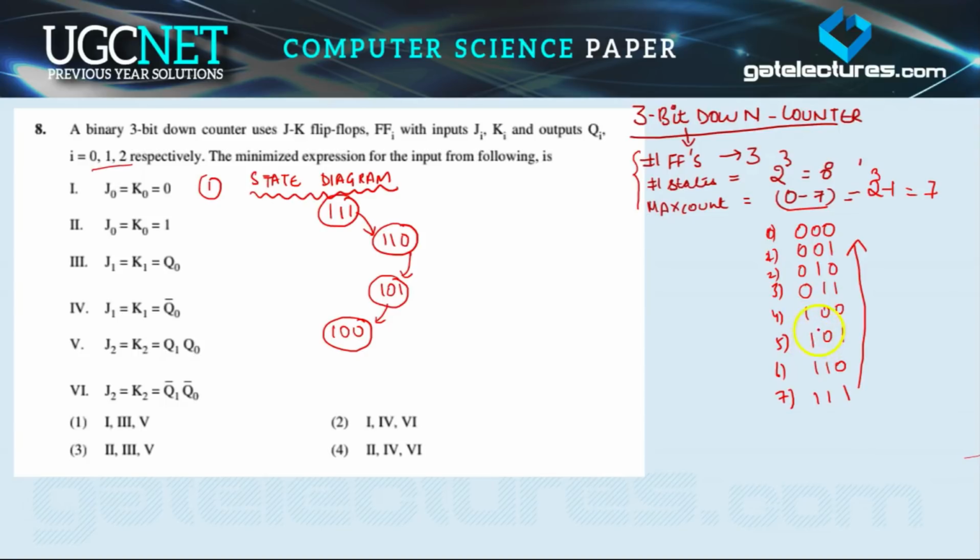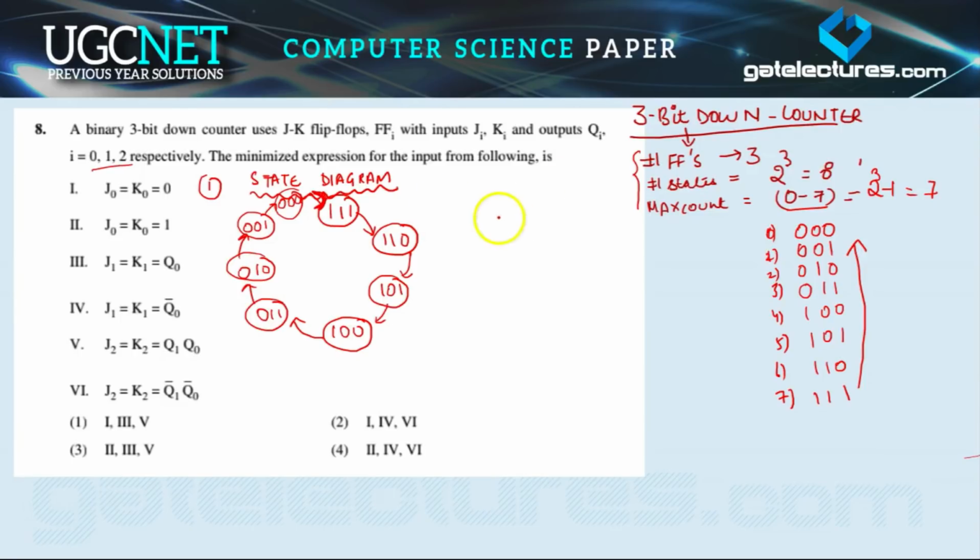Now the next state is 0, 1, 1. Now next is 0, 1, 0. The next is 0, 0, 1. And the next one is 0, 0, 0, because the counter again comes back to this state, right?